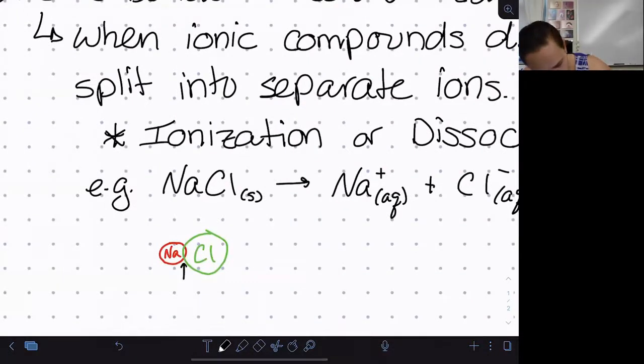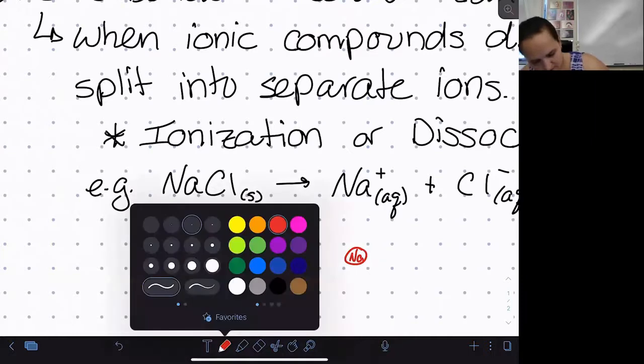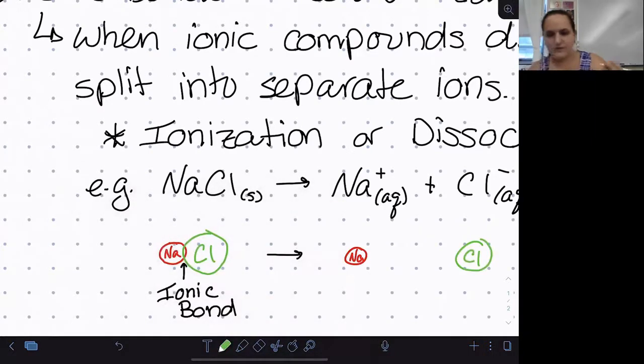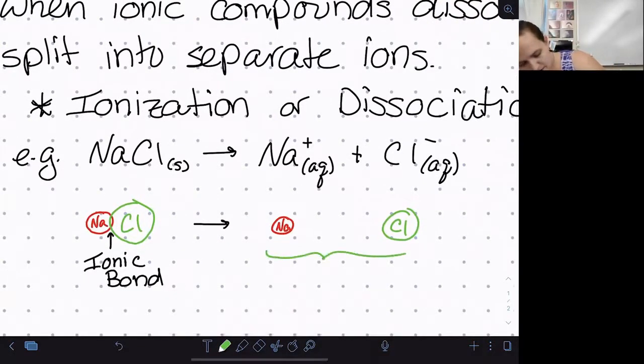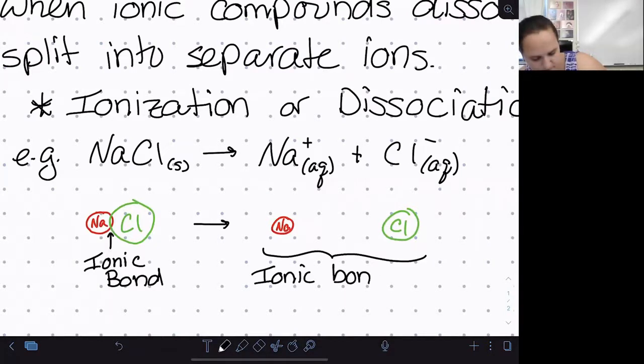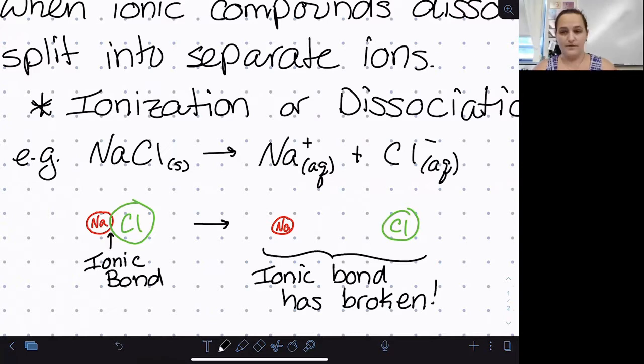So in order for those things to separate, when this thing dissolves, we end up with that sodium ion and that chloride ion no longer attached to one another. This means that that ionic bond has been broken in the process of dissolving. So when compounds dissociate, we're breaking all of the ionic bonds in there.